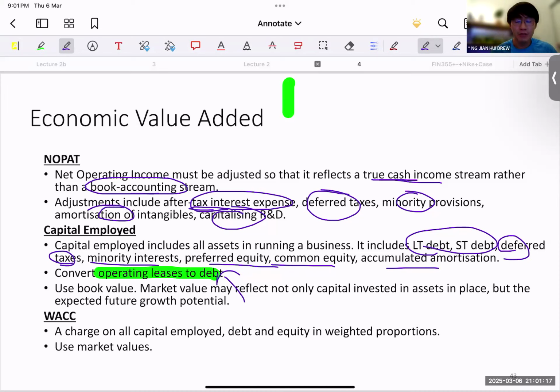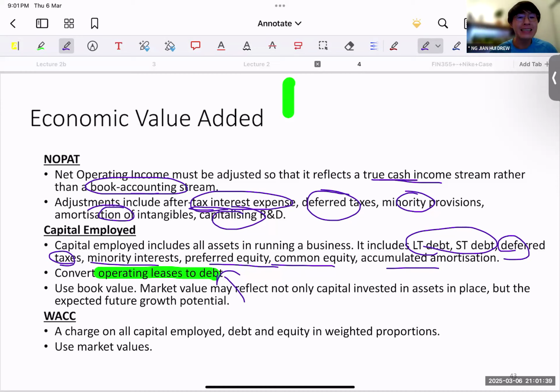If you're a lessor, you have lease receivables, which is your debit, and then you will have a credit directly from your lease asset, which is your PPE. Okay.